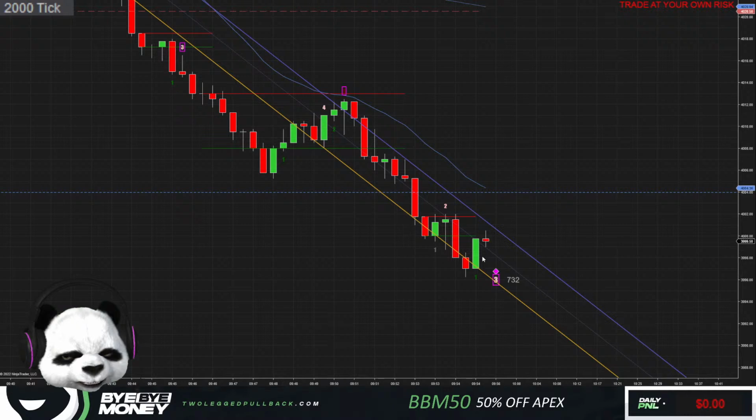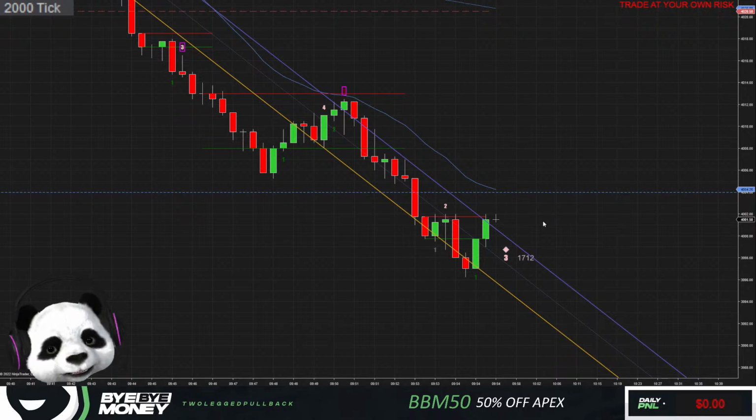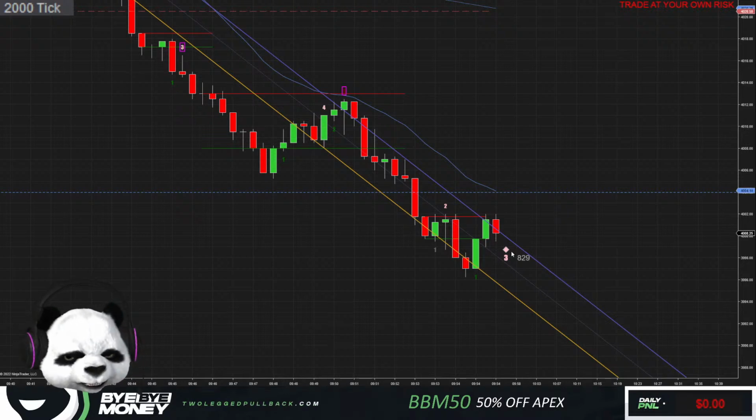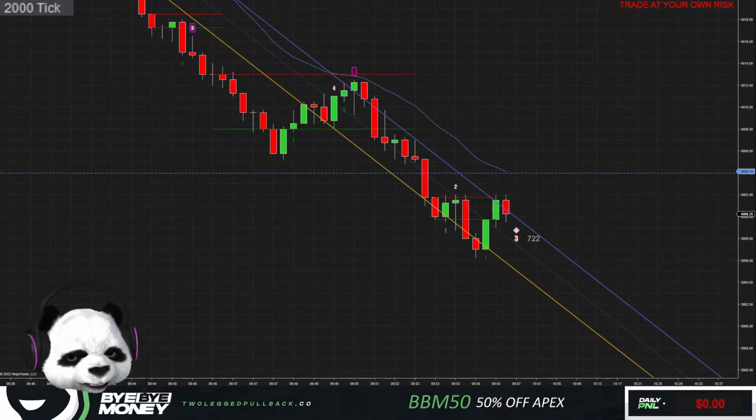I can come in with a first entry here if I'm really eager to enter this short or this downtrend. We may get a first entry here. This is a first entry if you're very eager.